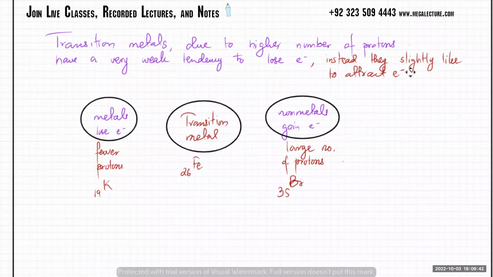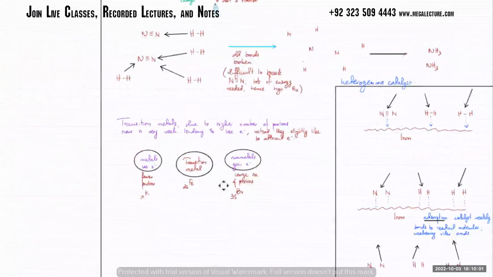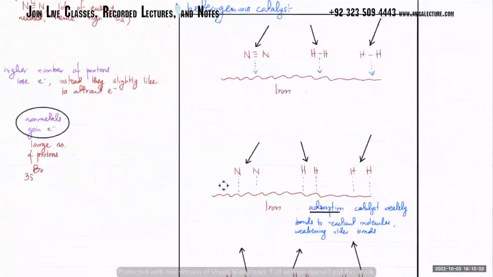Instead, they slightly like to attract electrons. When you are a metal, you like to lose electrons. When you're a non-metal, you like to gain electrons. When you're a transition metal, you're somewhere in between. So you've got this very weak attraction for electrons, and that weak attraction is very helpful when it comes to acting as a catalyst.